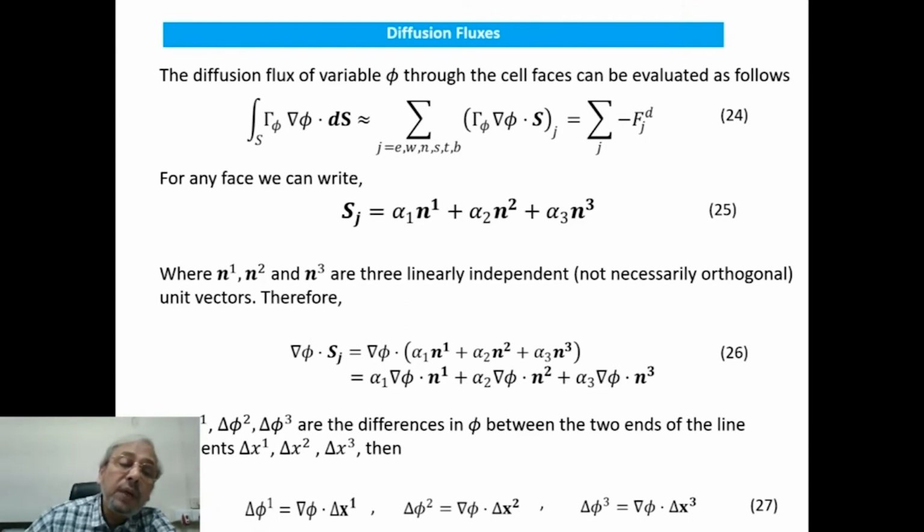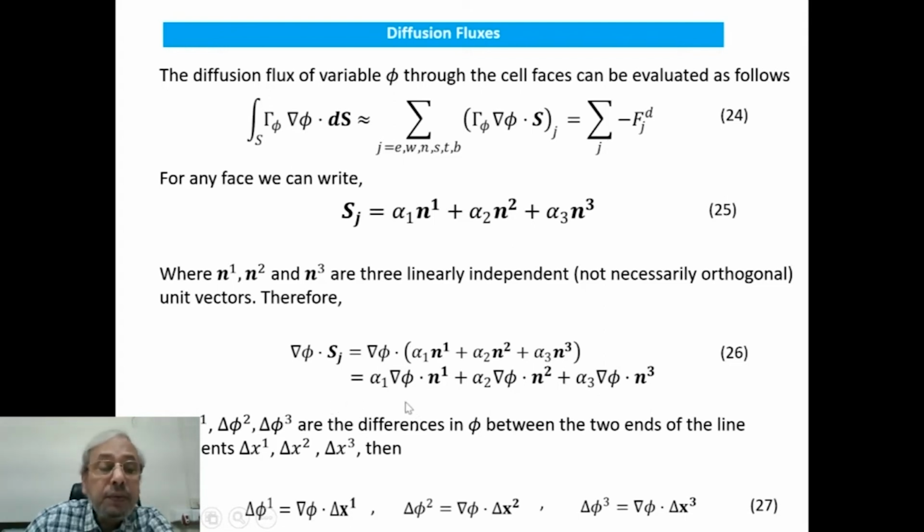Now when we operate grad of phi with this surface vector, we get grad phi dot alpha 1 n1 plus alpha 2 n2 plus alpha 3 n3, and through this operation we get alpha 1 grad phi dot n1, alpha 2 grad phi dot n2, alpha 3 grad phi dot n3.